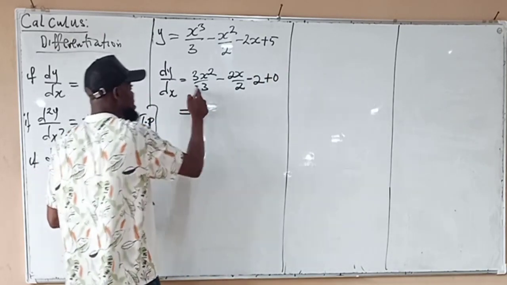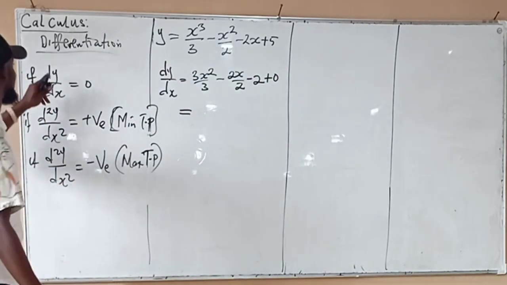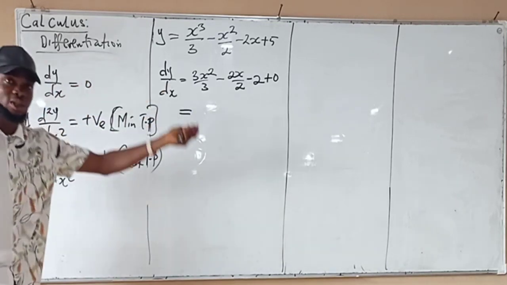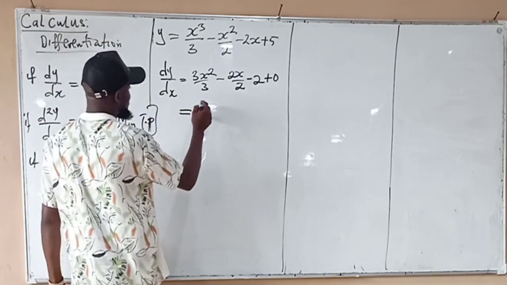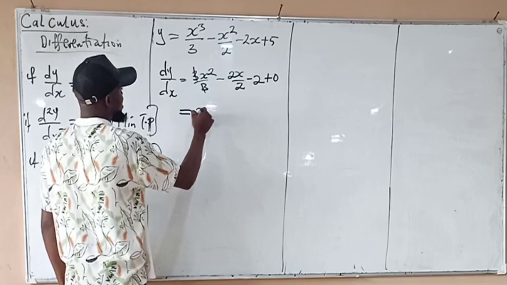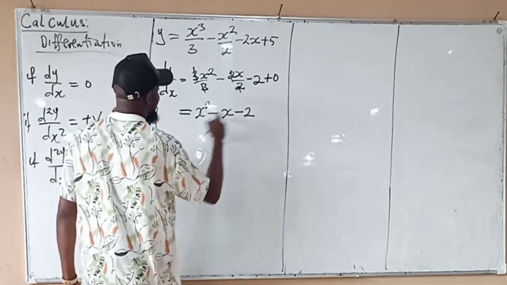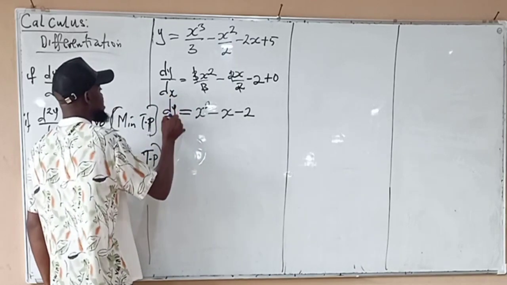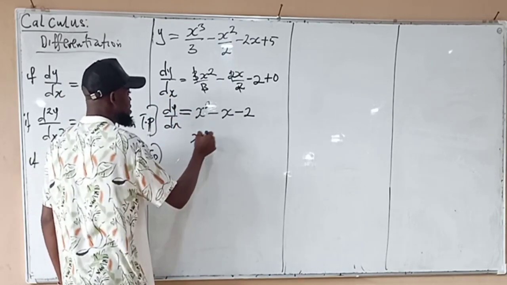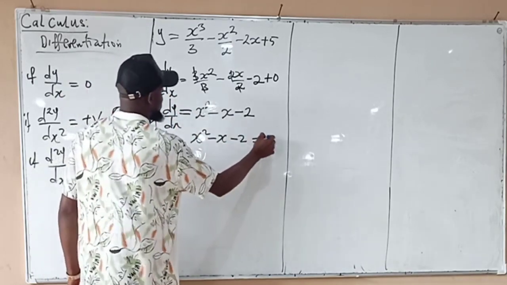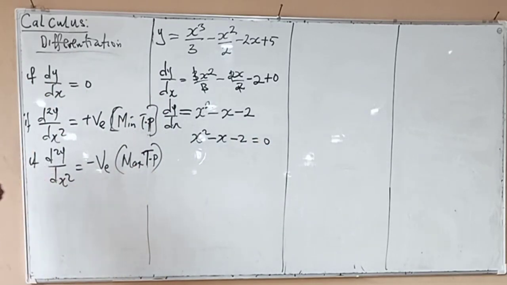Then we equate this derivative to 0, because at dy over dx equal to 0, we have our turning point. So we're going to have x squared minus x minus 2 equal to 0. This is the derivative, and if it is equal to 0, then we have our turning point.